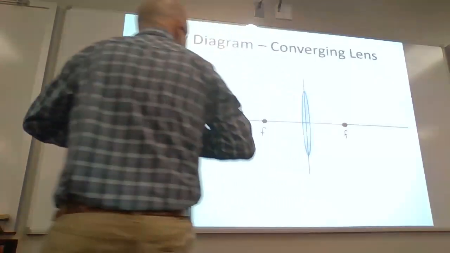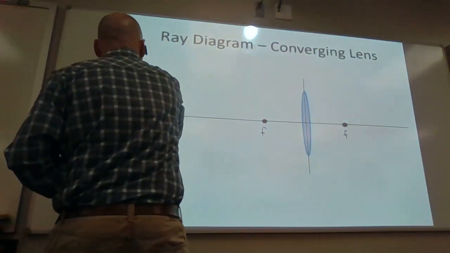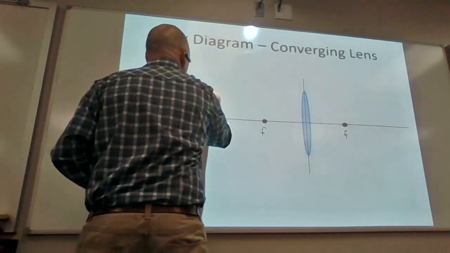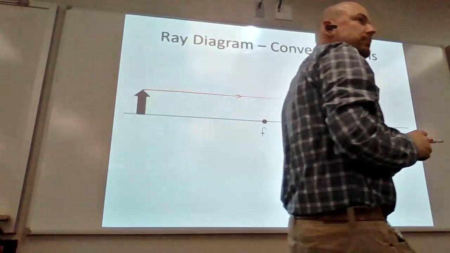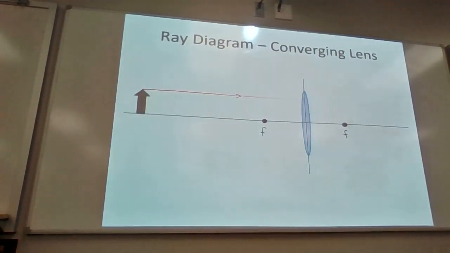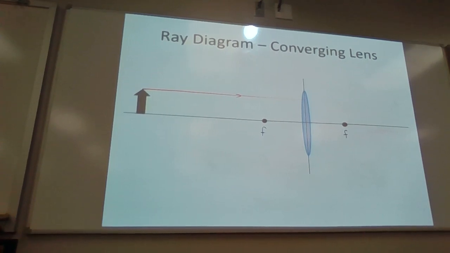So ray number one, parallel to the principal axis. And then you take a stab at which way that goes.